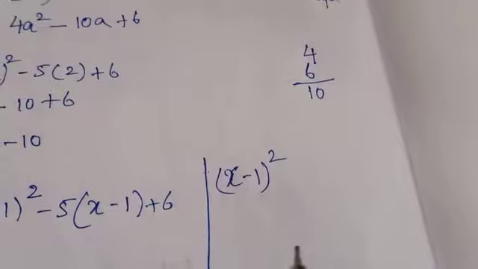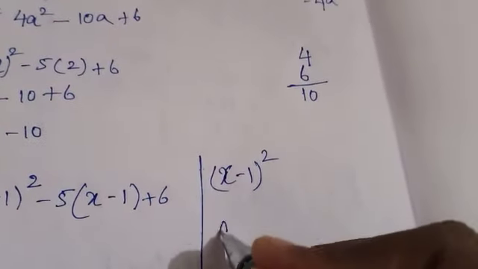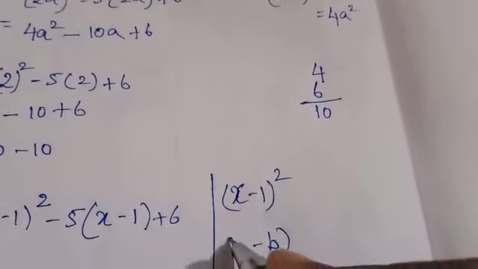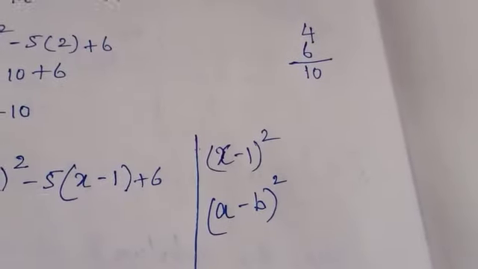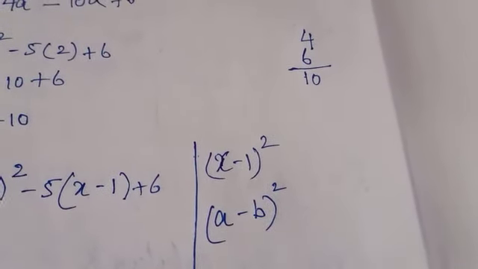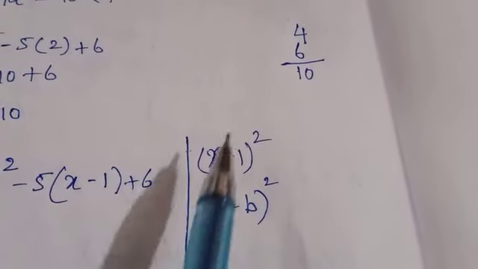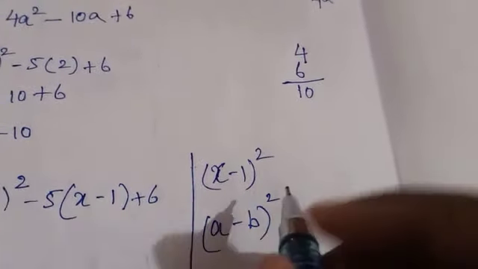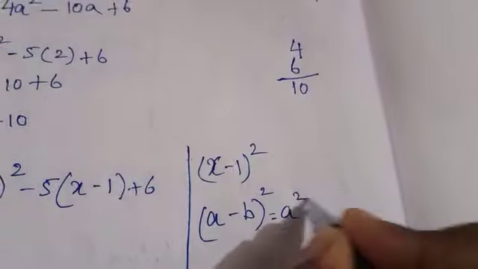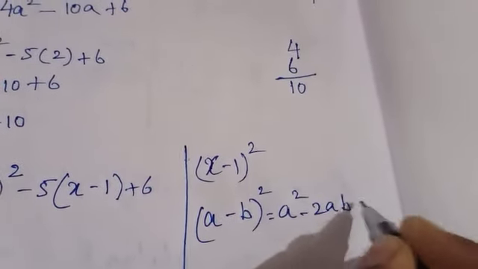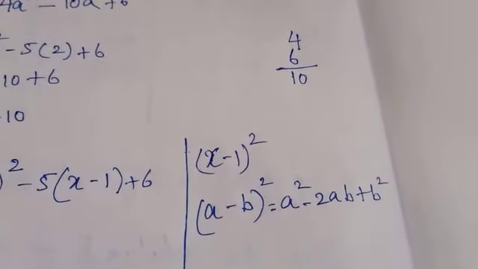This is in the format of a minus b the whole square. You would have studied this in the 9th standard, yes? What is the formula for a minus b whole square? a square minus 2ab plus b square.